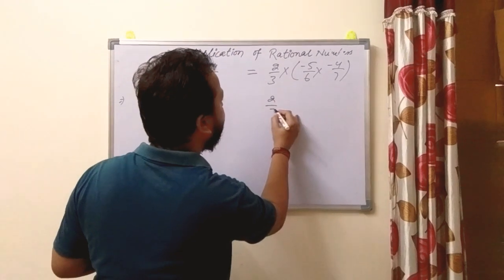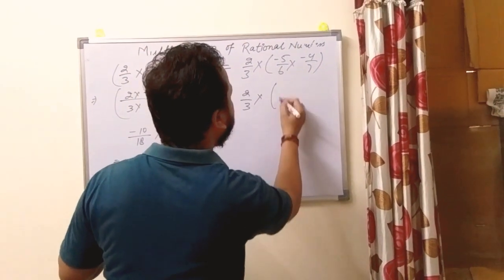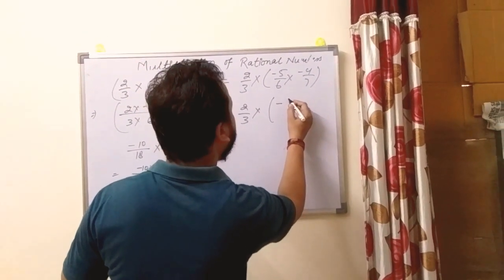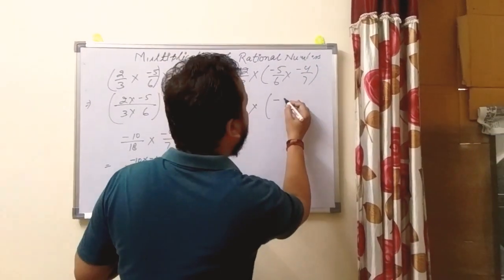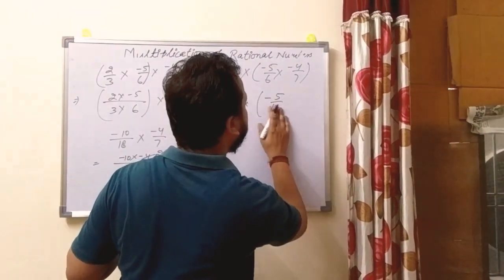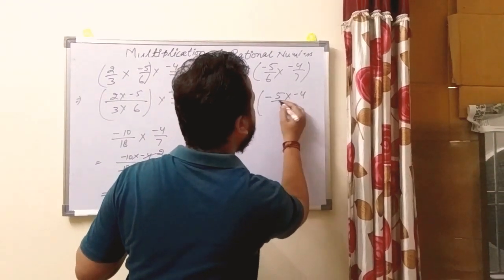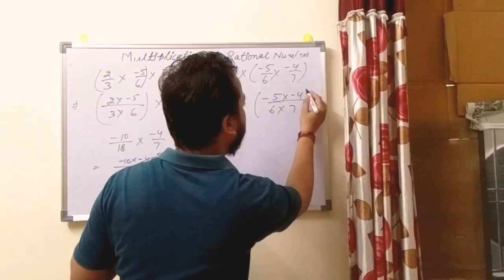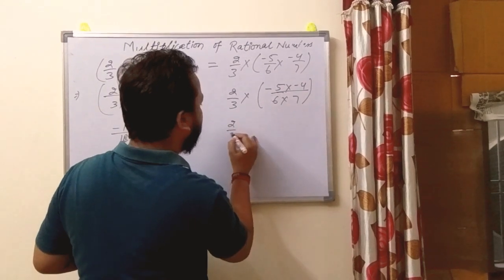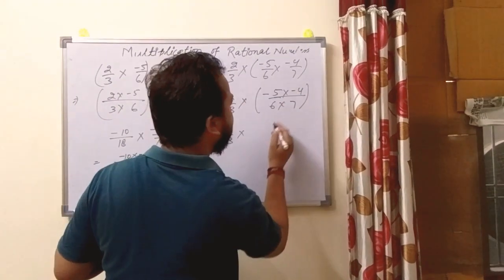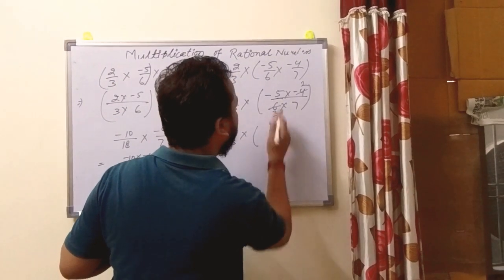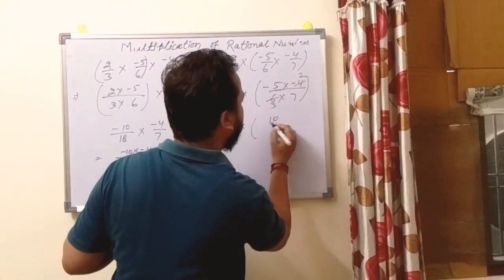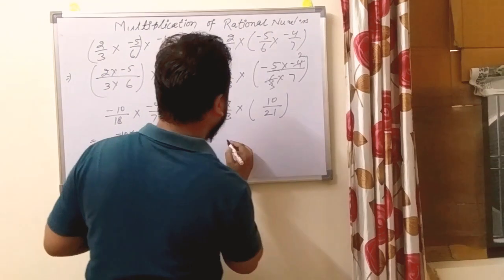In this case, 2 by 3 multiplied by minus... I have made a mistake, 5 by 6, 5 multiplied by minus 4 and 6 multiplied by 7. So 2 by 3 multiplied by 5, 4 is 20, or you can solve it 2 2 is 4, 2 3 is 6, minus minus plus, so 10 by 21.